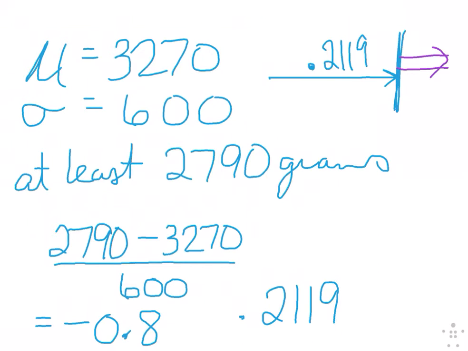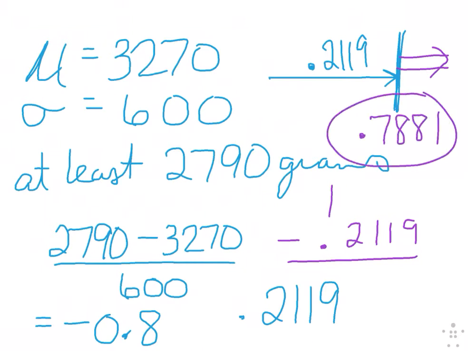So if I want to find the purple side, I would take 1 minus 0.2119, which is 0.7881. Today, you're going to have to subtract if you want to find the right-hand side of it. So I added an extra step now. Instead of just adding, you're going to have to subtract. So you have to subtract if it's at least? If it's going on the right-hand side, yes.